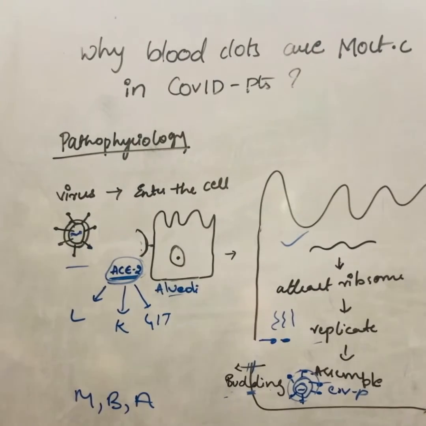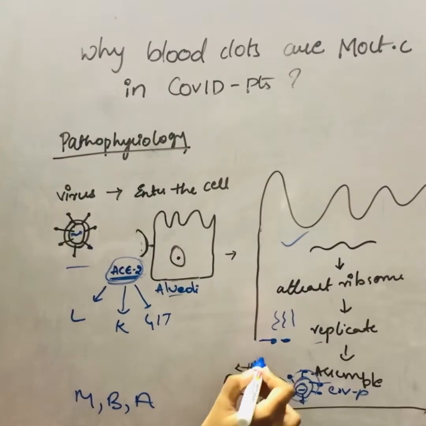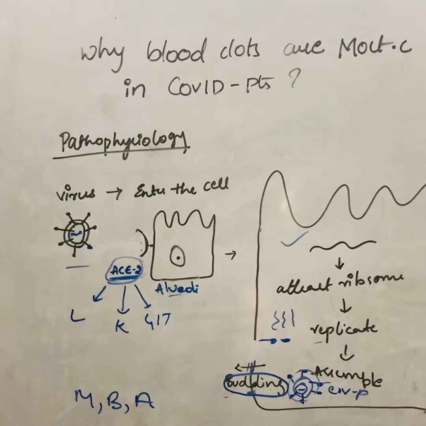After getting its structure, this virus tries to come out of this cell by a process called budding. During this process, it's going to damage the host cell wall. If this host cell wall is damaged, the contents present inside the cell are going to come out and it may lead to the death of that cell.